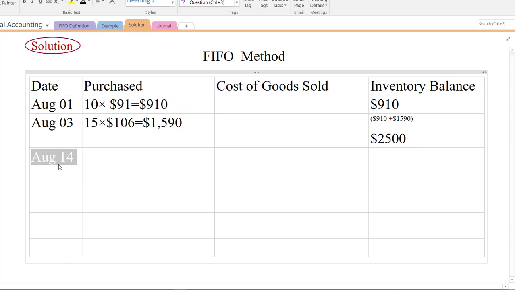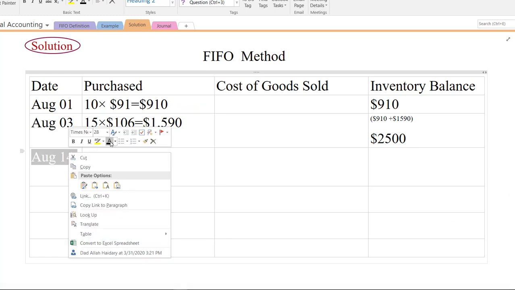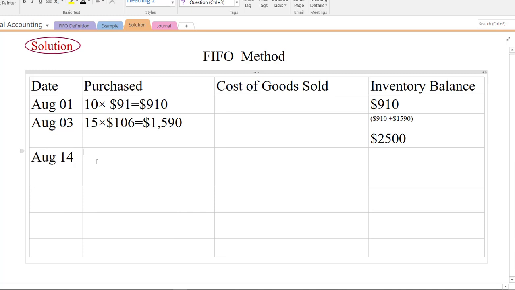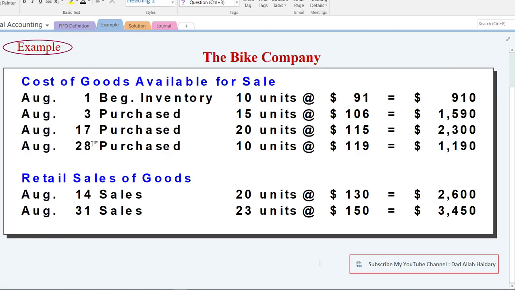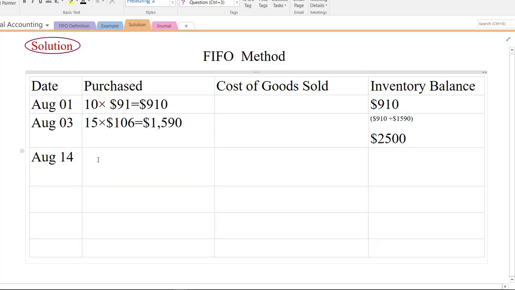So now students, coming here, we have August 14. In August 14 there is sales. We don't have any purchase on August 14. Can you see, students, any August 14 here? There is not any purchase on August 14. So what we have on August 14 is sales.